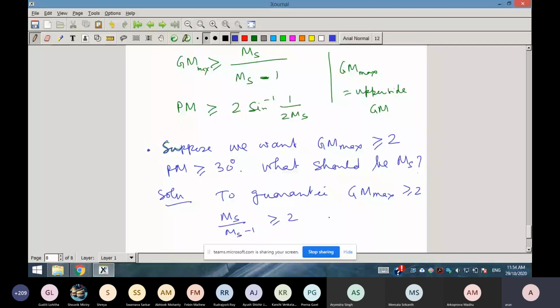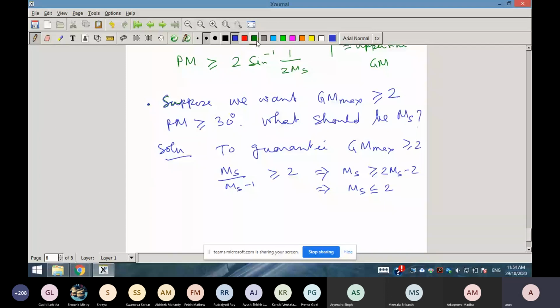So this will give you Ms should be greater than or equal to 2 Ms minus 2. So this implies Ms should be less than or equal to 2.